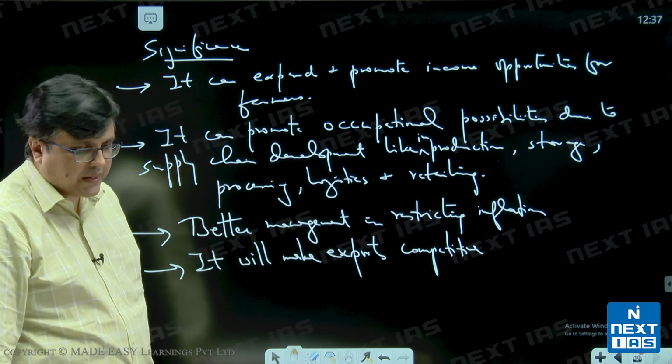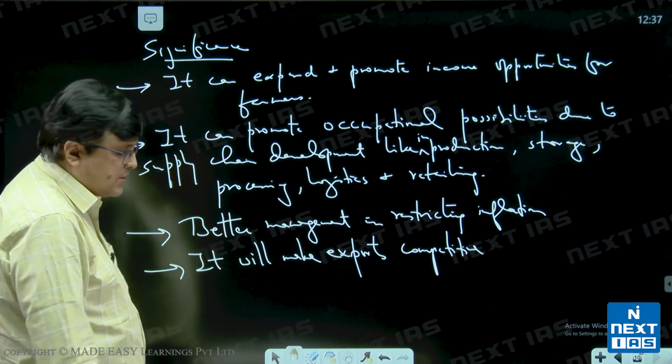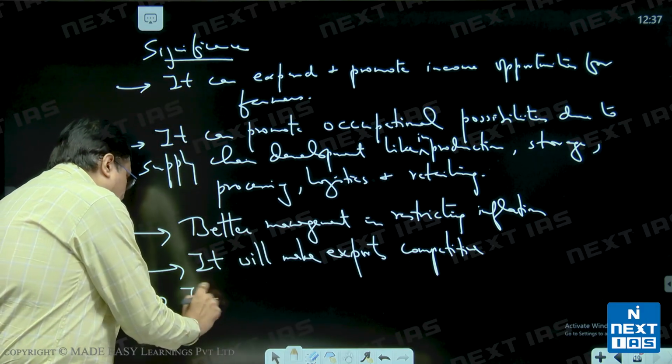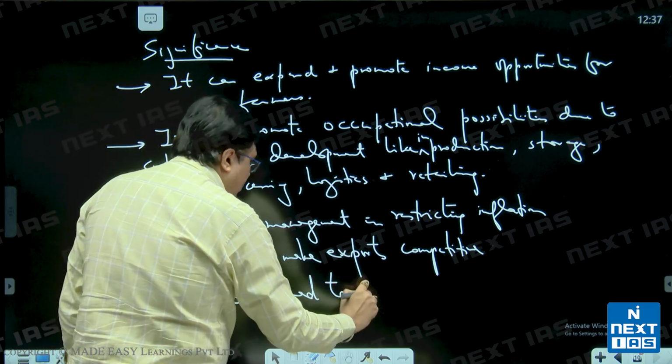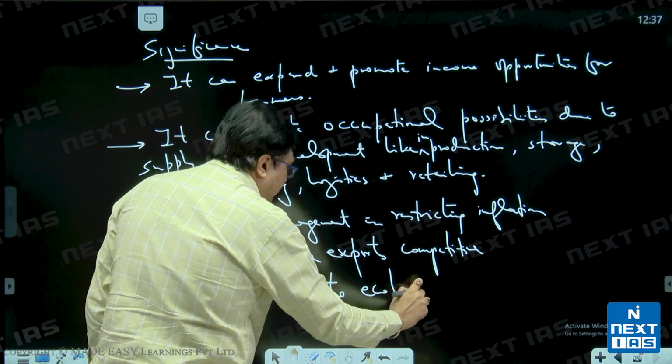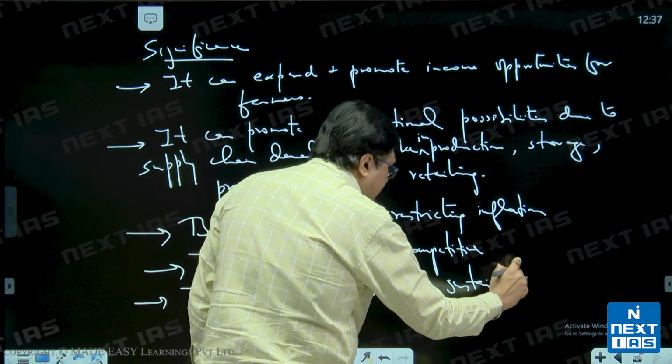As we do this, because better supply chain will mean better export opportunities, and then of course it will lead to ecological sustainability, because people will do crop diversification, wastages will be reduced, etc.